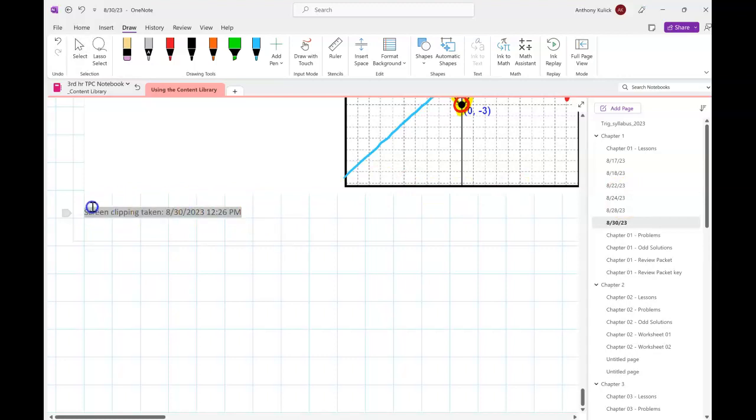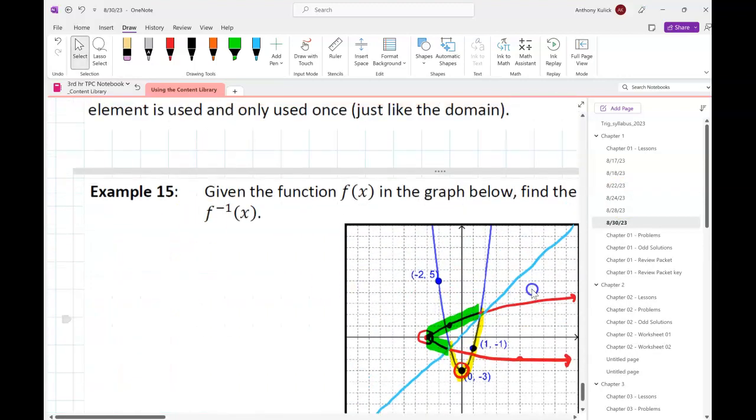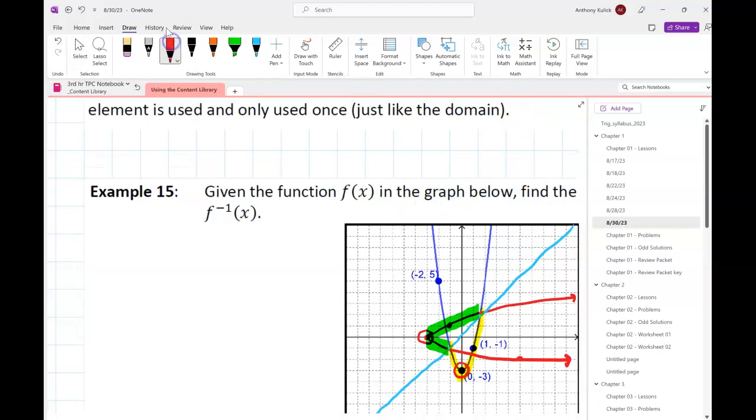So notice here again, if we go back and look at f, is f one-to-one? No. Why not?